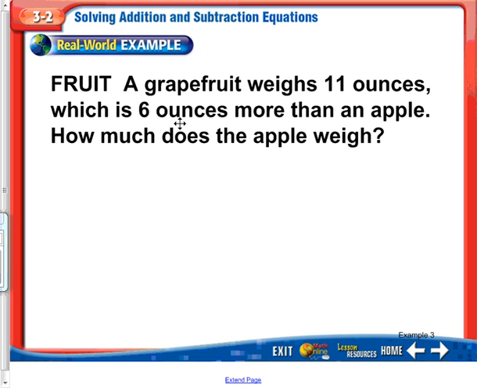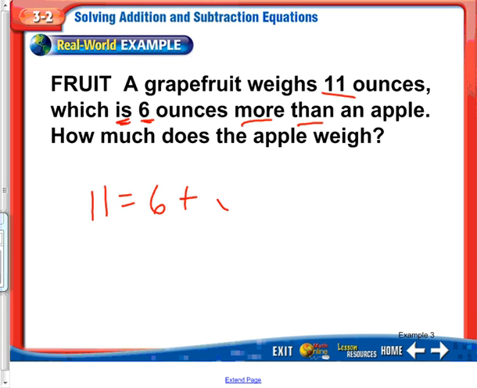All right, well, let's think about all of our words that we learned about yesterday. So right here it says 11 ounces, so I'm going to write my 11. Then I see the word is, and remember yesterday, is told us to write the equal sign. And then it says 6, so we'll write a 6. More tells us that we're adding.